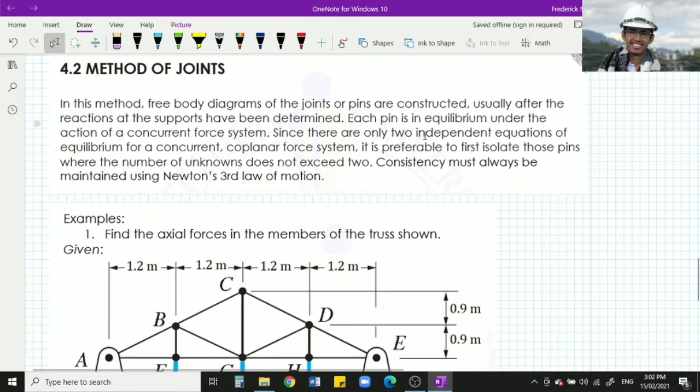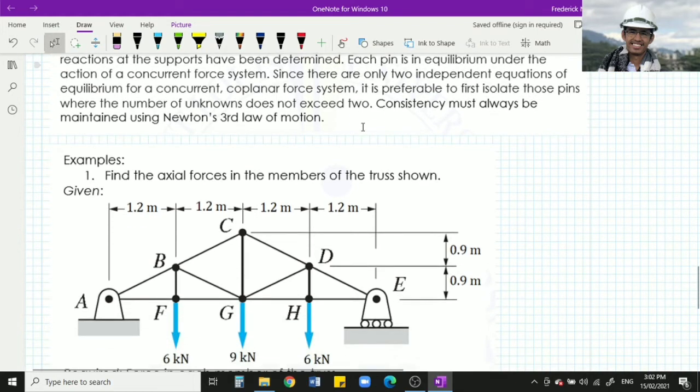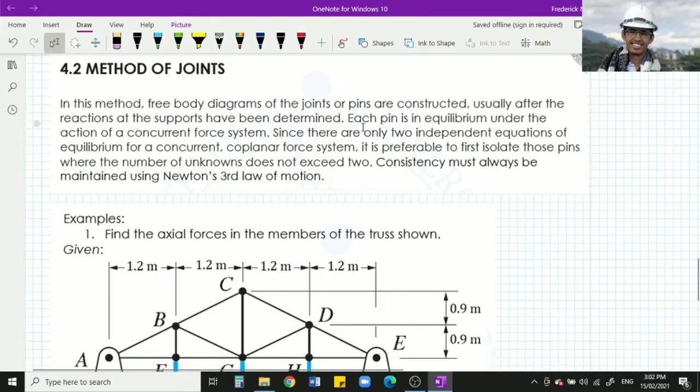So each pin is in equilibrium under the action of a concurrent force system. So sa method of joints, every joint ina-analyze natin siya. Doon tayo bubuo ng equation based sa ating equilibrium equations based dun sa natutunan natin dun sa mga past modules natin.